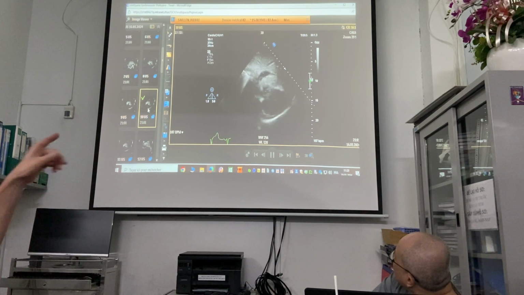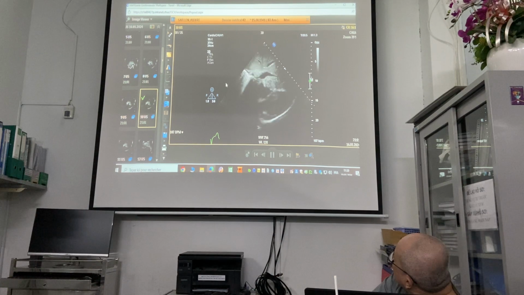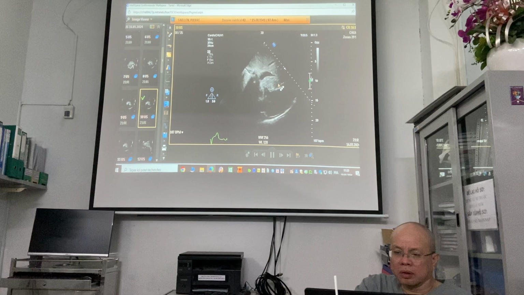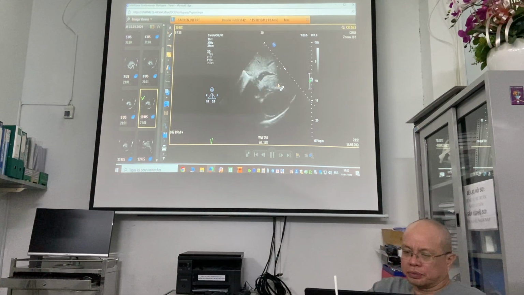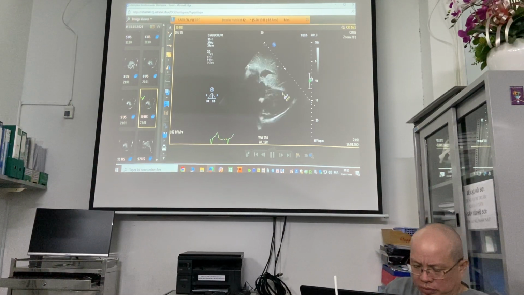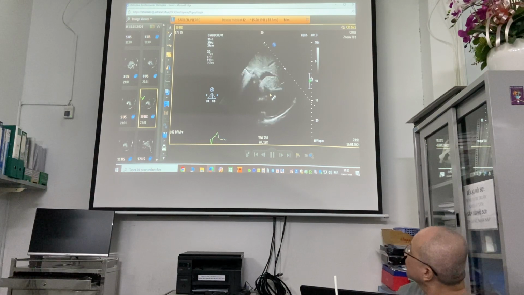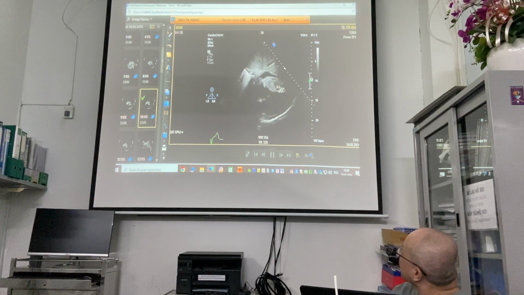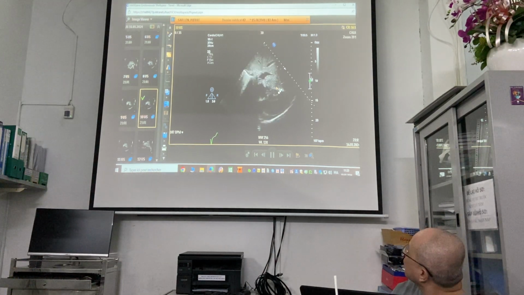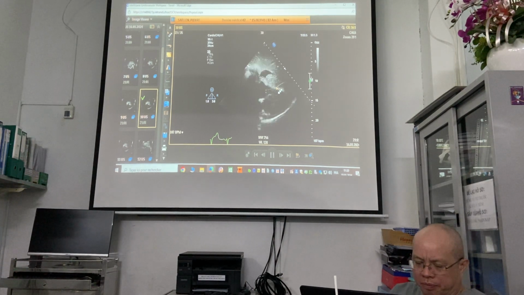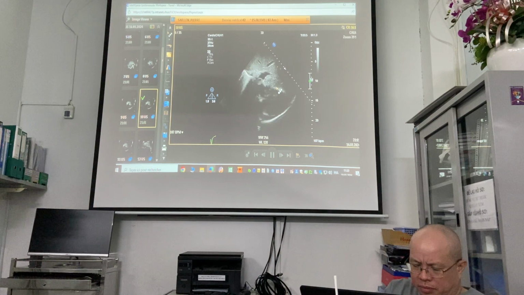So what is this structure over there? This is the left ventricle, this is the right ventricle. But what is this then? Maybe some blood or something on the right ventricle.